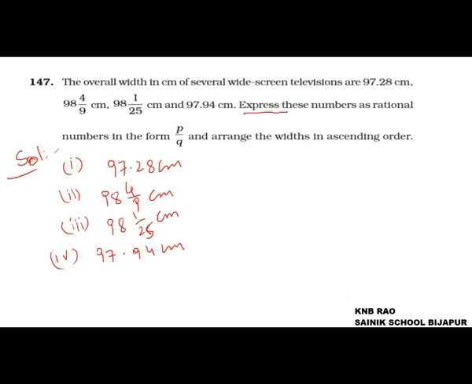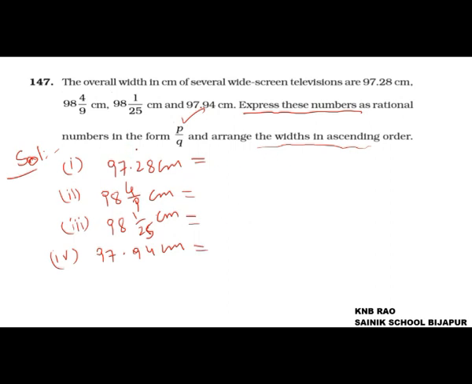Now express these numbers as rational numbers in the form of p by q. Arrange those widths in ascending order. This is the question. Now converting them into the p by q form first.